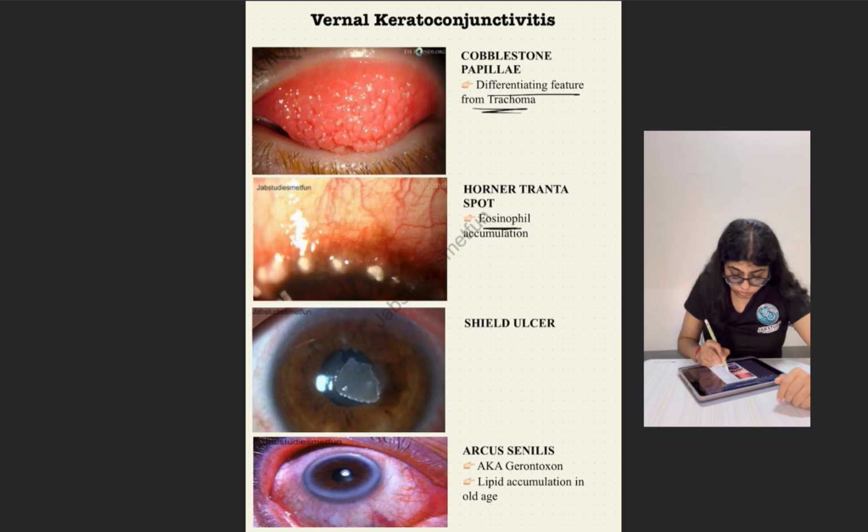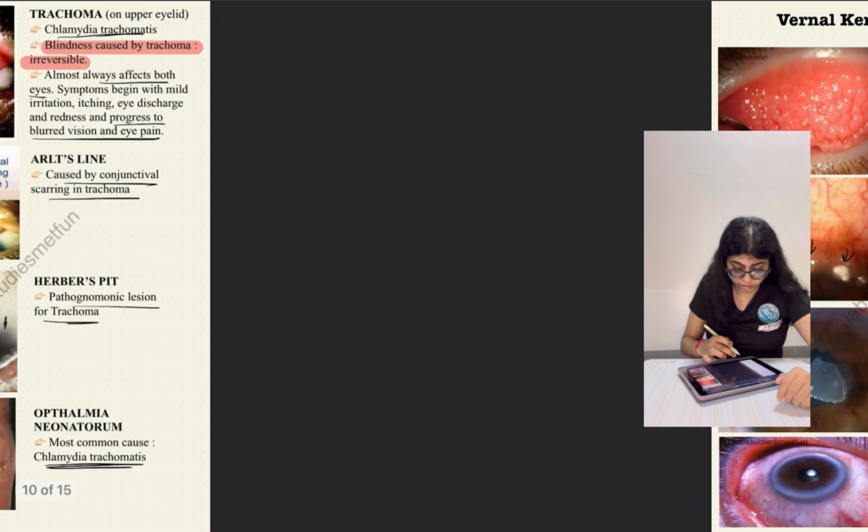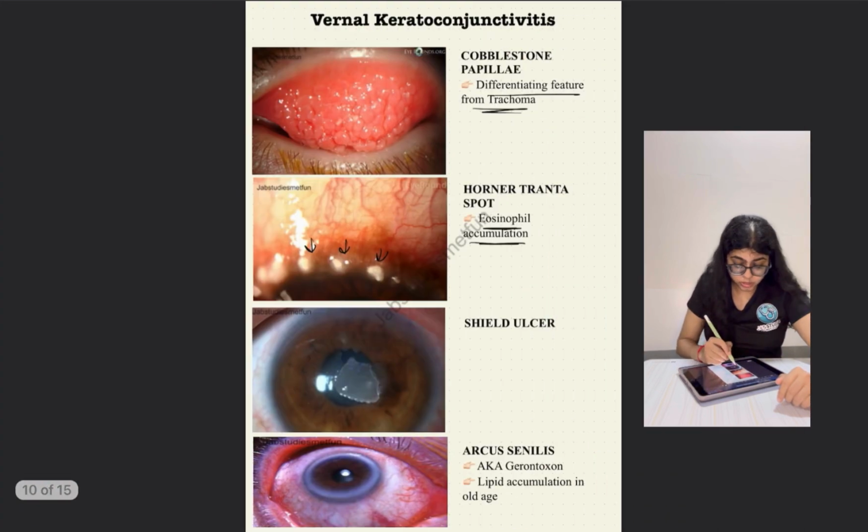These are eosinophil accumulation inclusions over here like this. Please don't confuse them with Herbert's pits. Herbert's pits are darker in color and Horner-Trantas spots are lighter in color, and they are due to eosinophilic accumulation. A shield ulcer can also be seen in VKC, which looks like this.